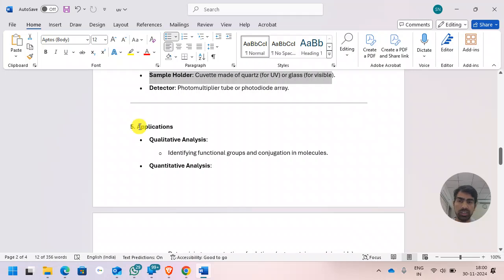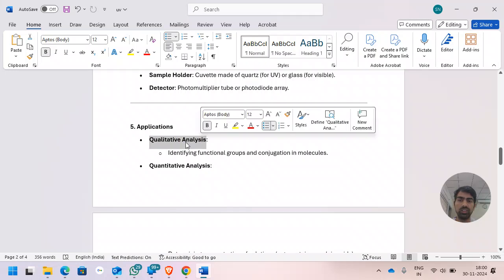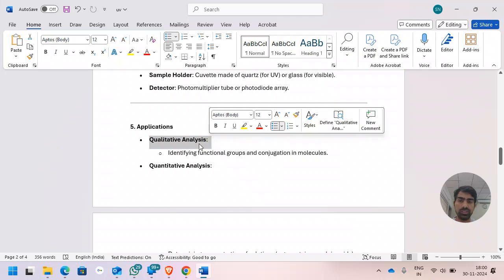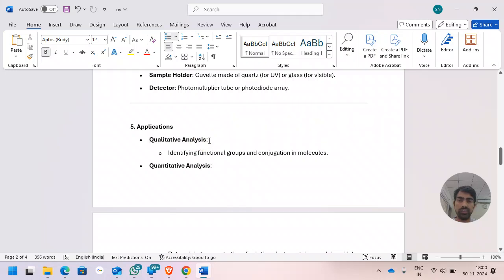Applications. As we said, UV does qualitative analysis and quantitative analysis. Qualitative means we can identify whether any color is present or not. Quantitative means we can identify how much color is present, in ppm or percentage level.